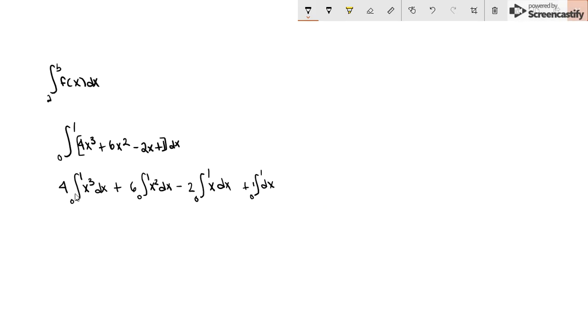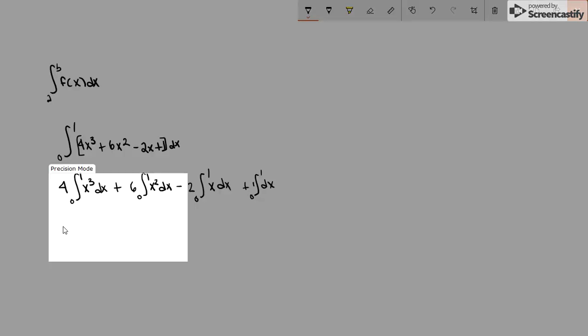Alright, so you're going to take each individual integral, right? And again, with practice, it becomes a lot easier. You'll just be able to do them all in one step. But for now, just do it separately. So for the first one, you'll have 4 times x to the 4th over 4. So now this one's done.